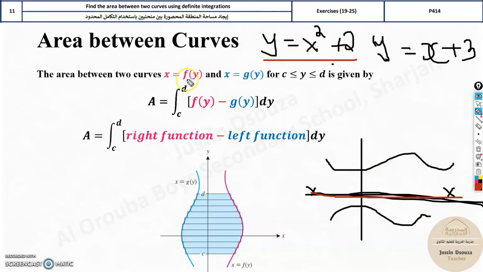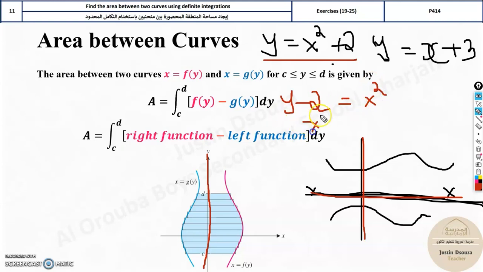But now look over here, it is f of y, and this is the y-axis, and the y-axis is in between the two functions. Then you need to have the function with respect to y, that is g of y or f of y. What do you do? If this is your equation, take everything to the other side and keep x alone. Take this to the other side: y minus 2 equals x squared.